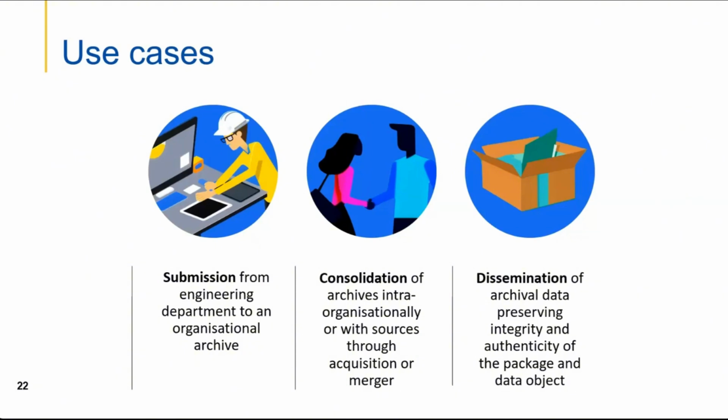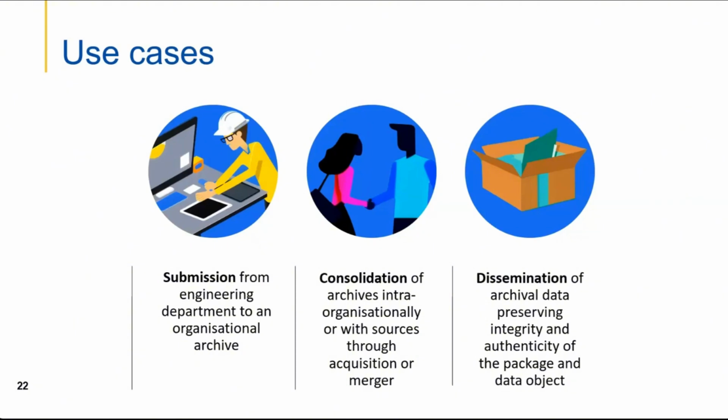And you can see how the interoperable package format becomes very important, because you don't want to create a lot of difficulty in trying to consolidate these archives by having very disparate systems and different standards.